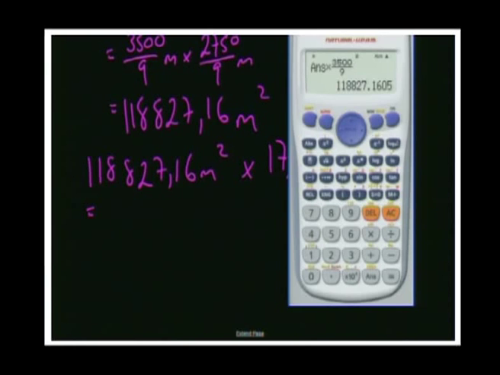So from my calculator, let's just clear this straight away. I'm going to say I've got 118,827.16. Multiply that by 17.5 equals, and that's my area. A huge number of 2,079,475.